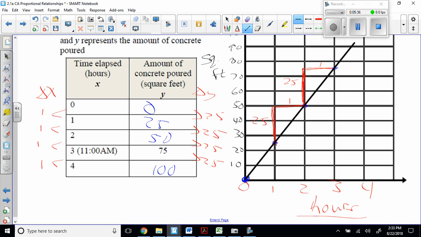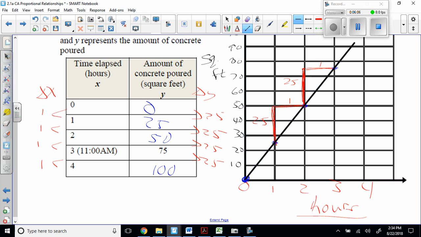And you go, well, Palmer, most lines are straight. You're right. But for you to say a straight line, that's what you need to know. So a constant rate of change, a constant rate of proportion, a unit rate when it's 25 over 1 will produce a line, a straight line.